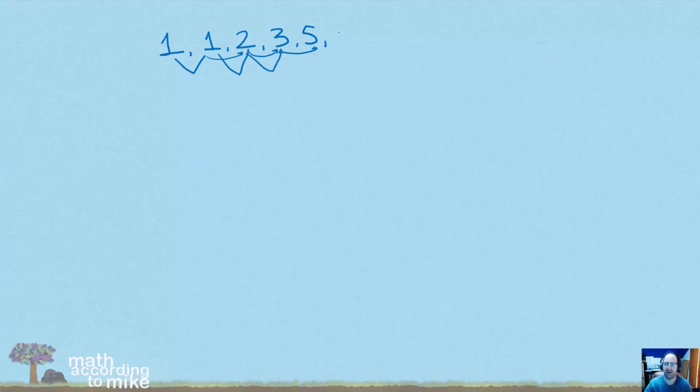So what's 3 plus 5? 8. And then what comes next? 5 plus 8, 13. And then 8 plus 13, 21. And I could just keep going here: 34, 55, 89... Alright, so this is the very famous sequence, the Fibonacci sequence.